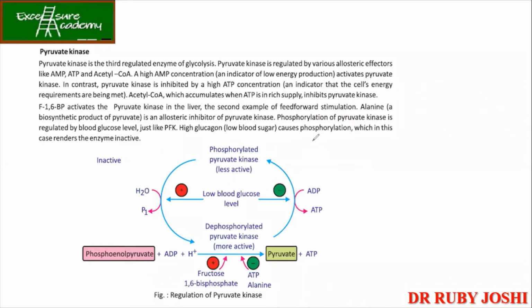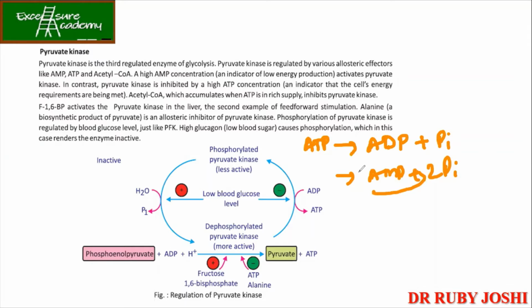So as I was saying, ATP on hydrolysis will give you ADP plus Pi, or it will give you AMP plus 2Pi, right? So what is happening when the concentration of AMP is increasing? Obviously, the concentration of ATP is decreasing, right?